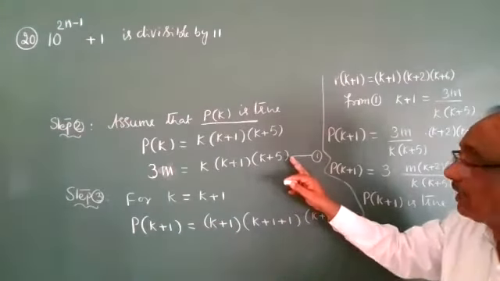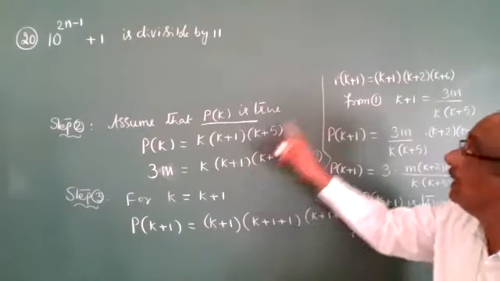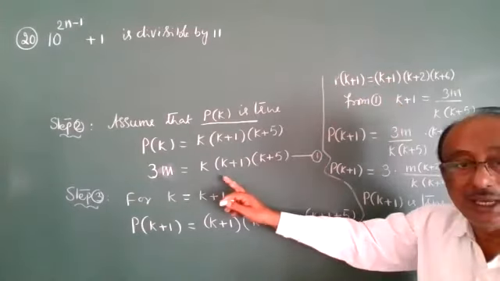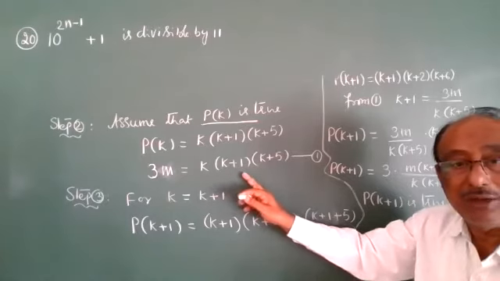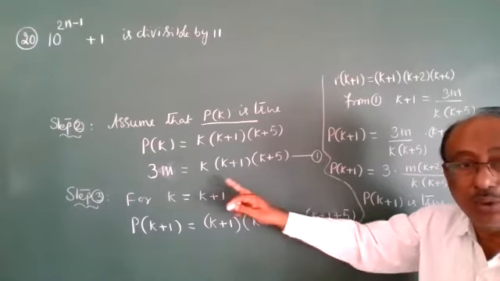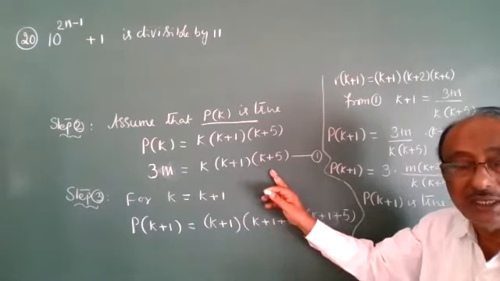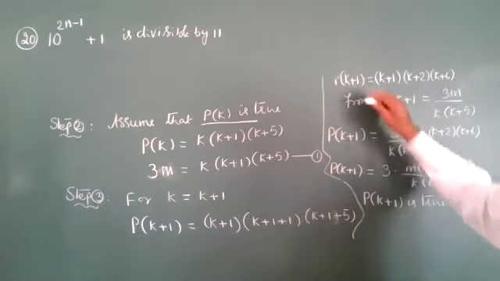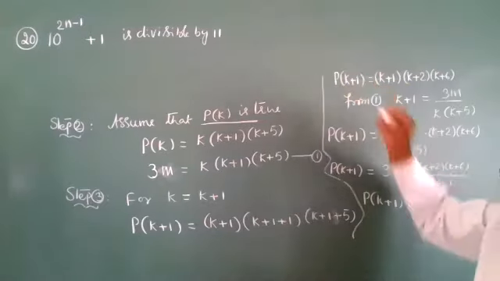In equation 1 we have the value of k plus 1 only, no k plus 2, no k plus 6. Therefore find out the k plus 1 value and substitute it in P of k plus 1. Is that clear?